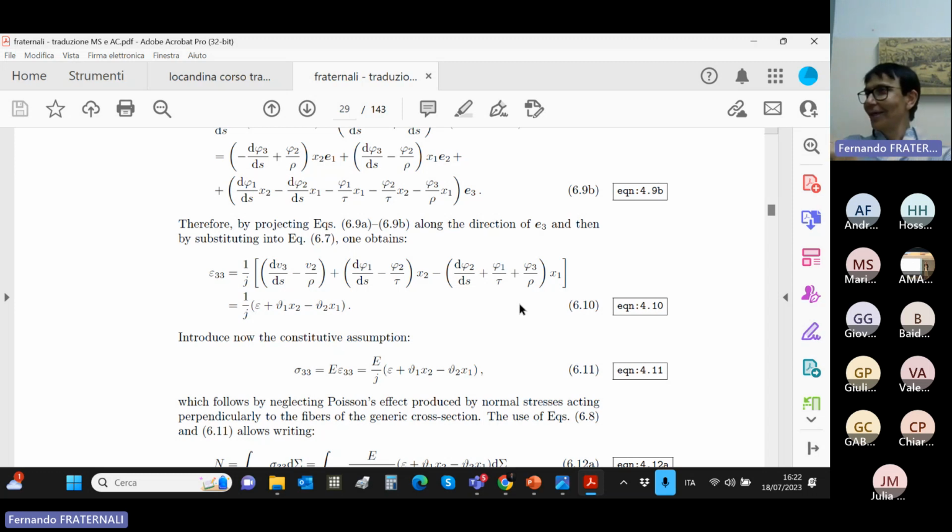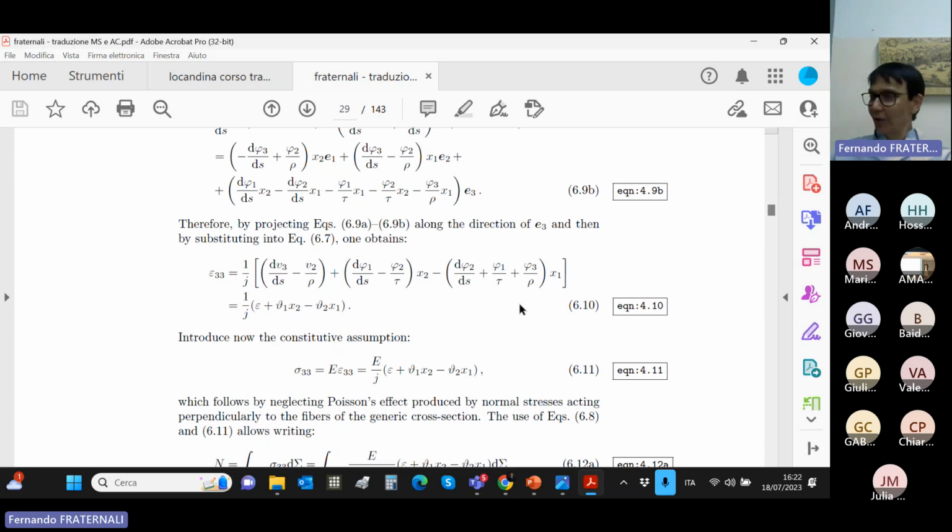If you stretch a piece of material in one direction, it will be stretched also in the other direction. This is the Poisson effect. But in the beam theory, we have to ignore the Poisson effect because we have assumed the cross section remains rigid. So this was our basic assumption.